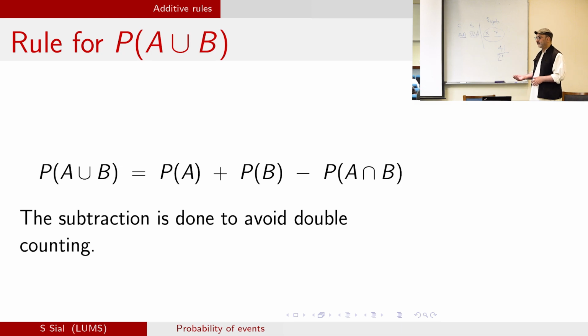And the reason you have that is that the intersection is in A and the intersection is also in B. So if you just wrote probability of A plus probability of B, you would be counting the probability of the intersection twice. So to avoid that, we subtract off that one intersection.